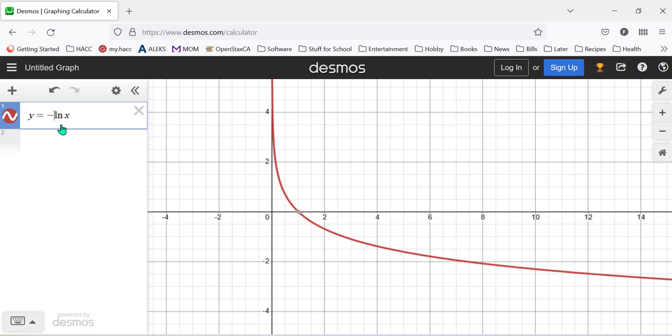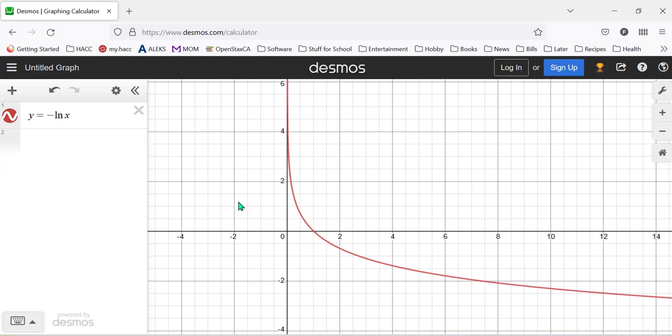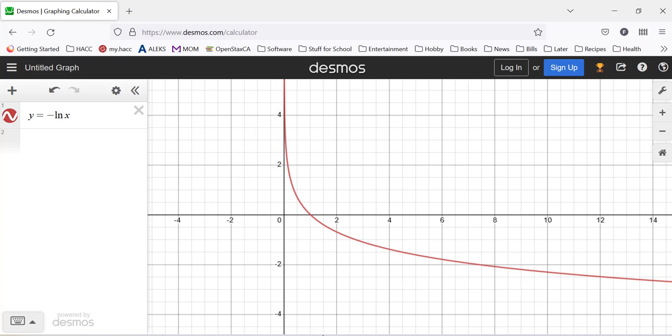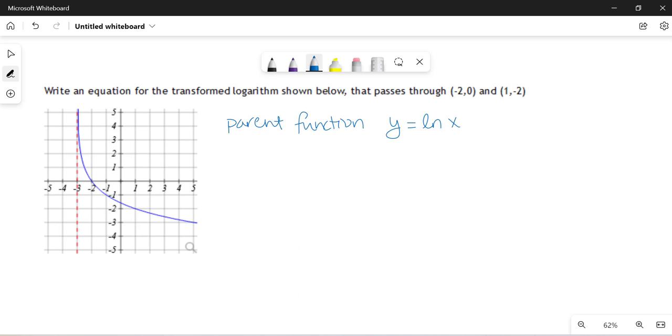Okay, so we're going to need that minus sign in front. Again, there's other ways to make this happen, but this is what I'm going to do. The other thing that happened is it got shifted to the left. It looks like it's shifted 1, 2, 3 to the left.